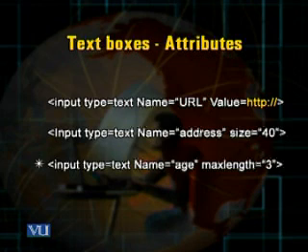For example, if I use the maxlength attribute for a text box and I keep its value as 3, that would mean that the user cannot type more than 3 digits or characters in this box. The user would not be allowed to type beyond 3 places. So that was the main discussion about text boxes and text areas.